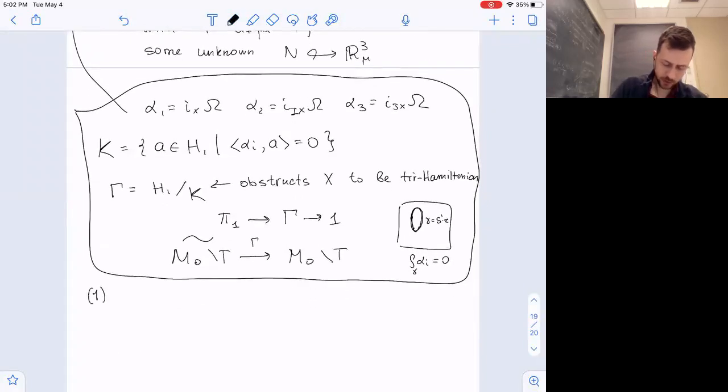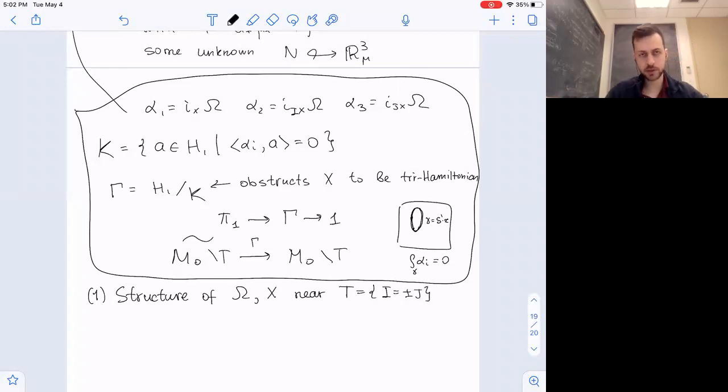First, we need to understand the structure of omega and X near the degeneracy locus, because this is something we do not really see in the Gibbons-Hocking ansatz. We kind of throw it away. So we need to understand at least some coarse local structure of those.